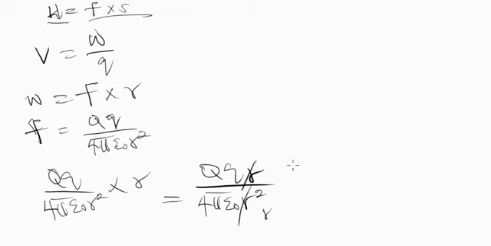This leaves this as R. So we'll simply have Q times Q over 4 pi E naught R. Alright.